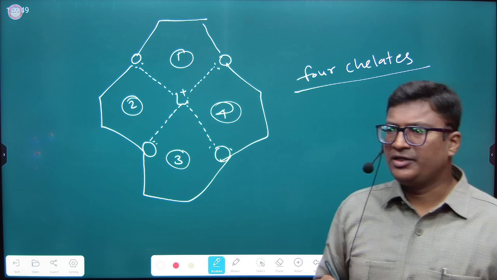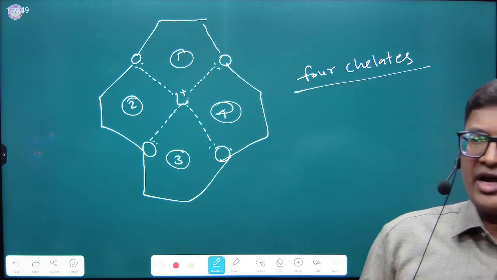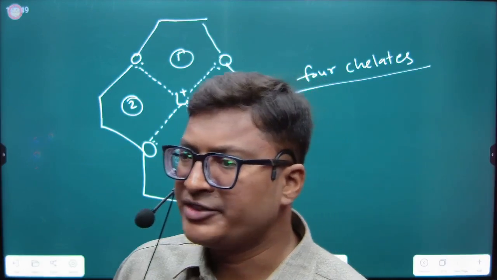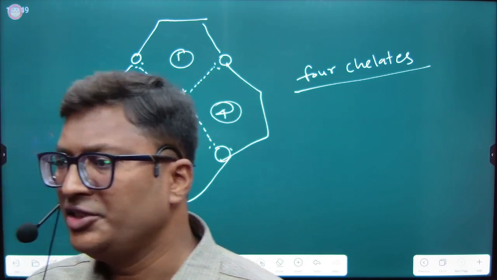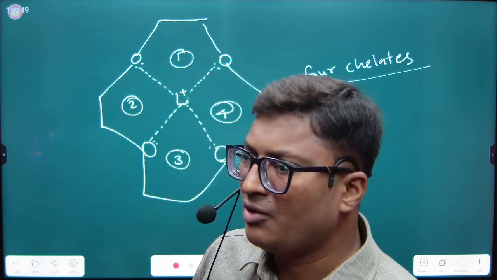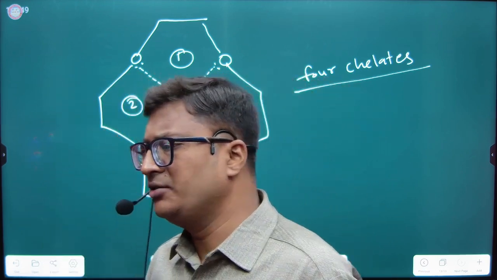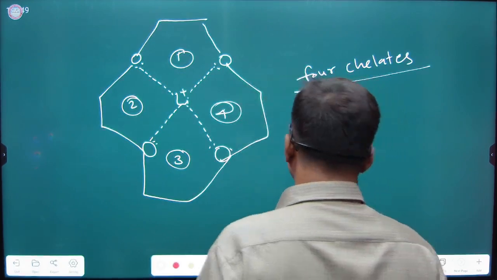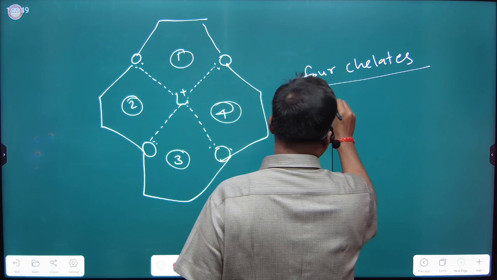And you know that if there is a ring structure in the complex, the binding energy of the complex and the association constant or formation constant is very, very high, right? So Kf is very, very high.